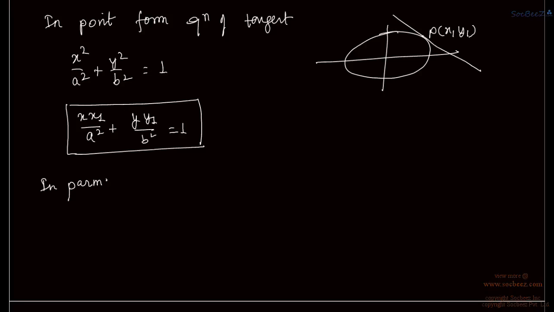And in parametric form, in place of x1 we substitute a cos theta, and in place of y1 we substitute b sin theta.